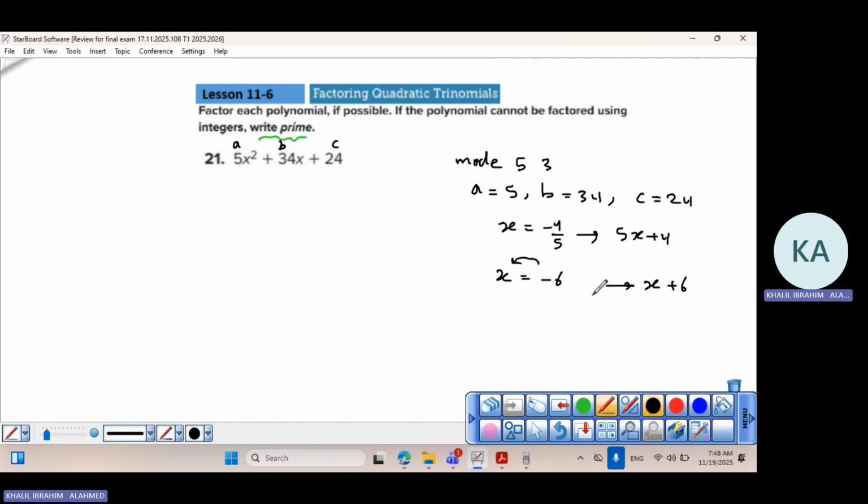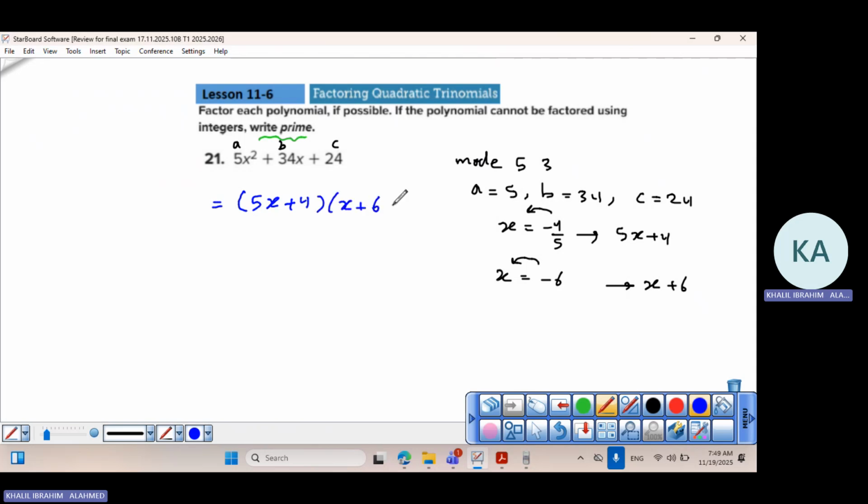Maybe some student asks me, for x equals negative 4 over 5, how to write it? 5x plus 4, just times x by 5, then move this to the other side and it becomes 5x plus 4, as you see. Excellent. The answer is 5x plus 4 times x plus 6.